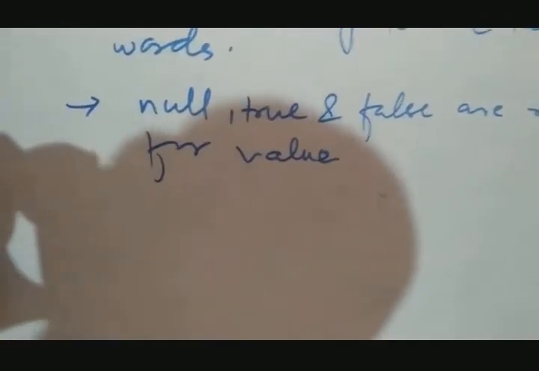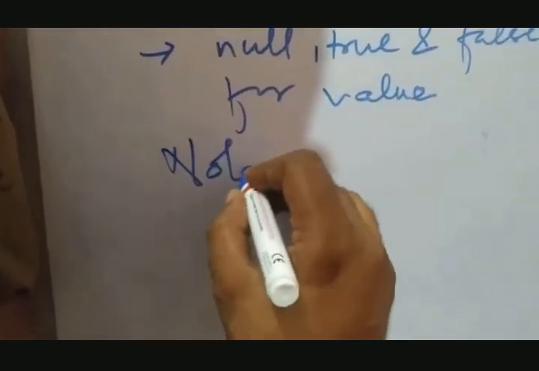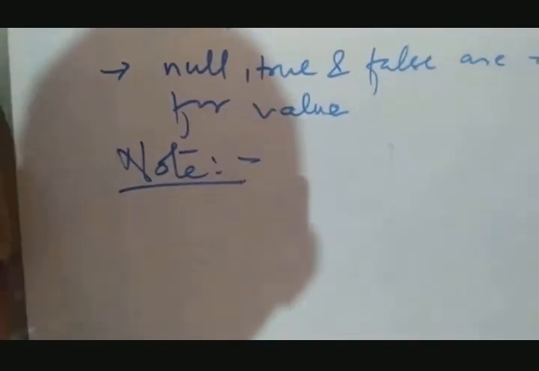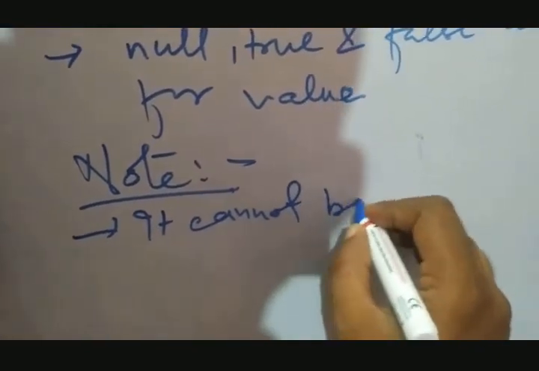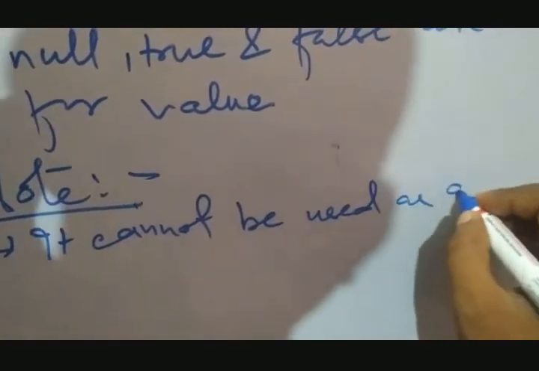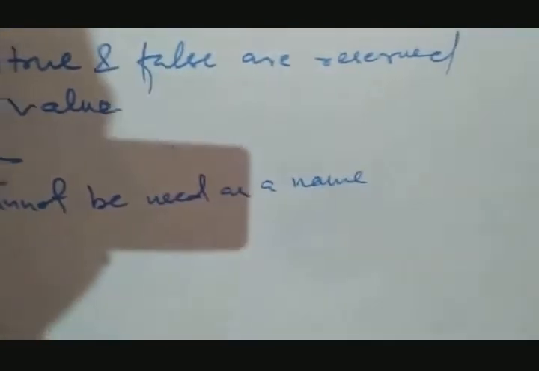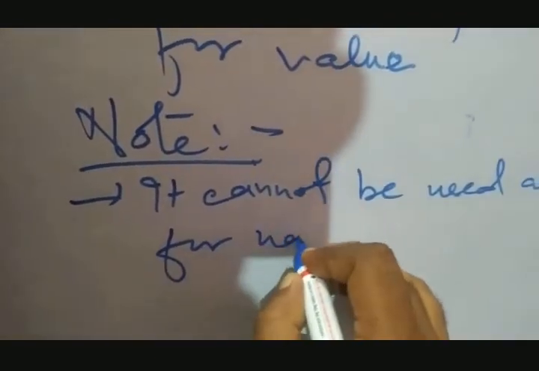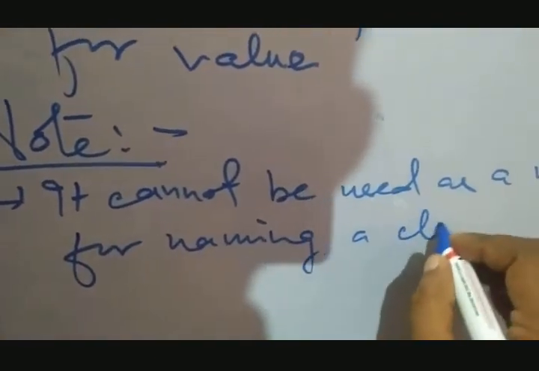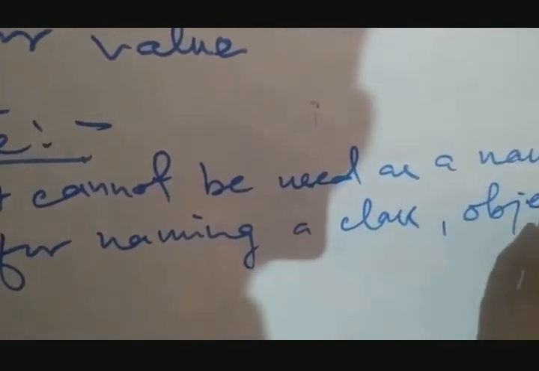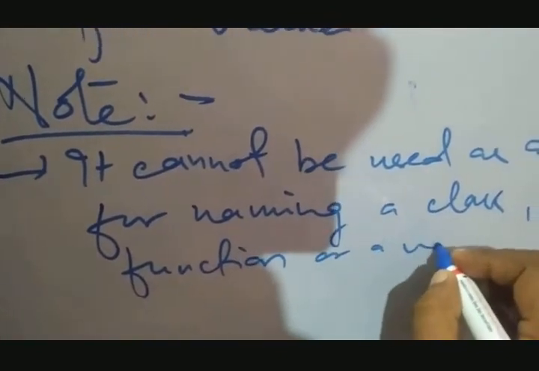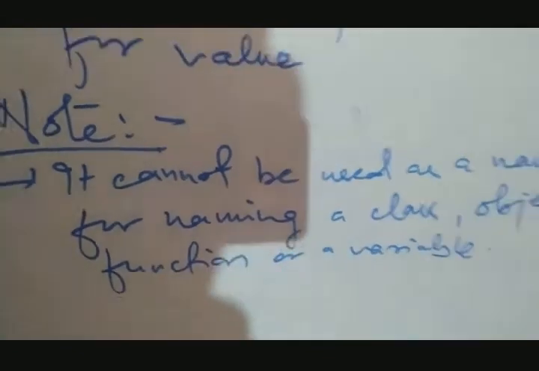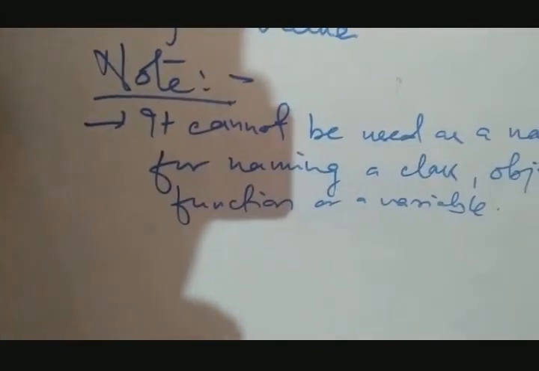Now what are the things which you must keep in your mind? First thing, note: it cannot be used as a name, or you call it an identifier, for naming a class, object, function or a variable. You cannot use it as an identifier.